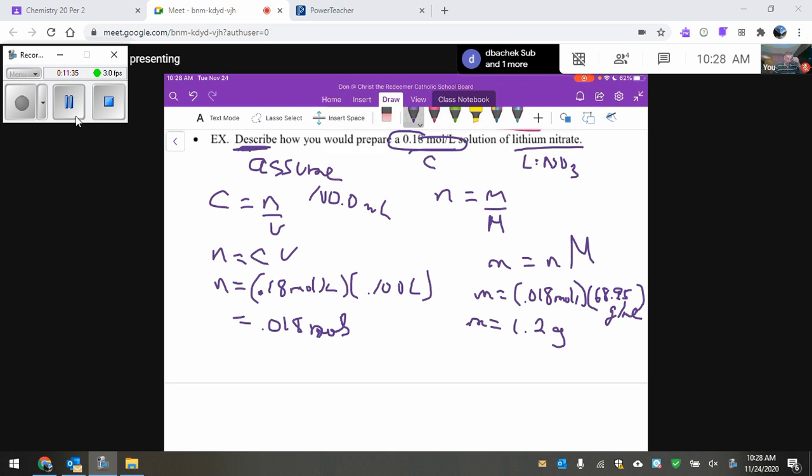So this right here is 68.95 molar mass, 68.95 grams per mole. And that gives me 1.2 grams. Kind of exactly the same thing that we did in our earlier example, no different, except they told us we wanted to make 100. We just assumed it was 100.